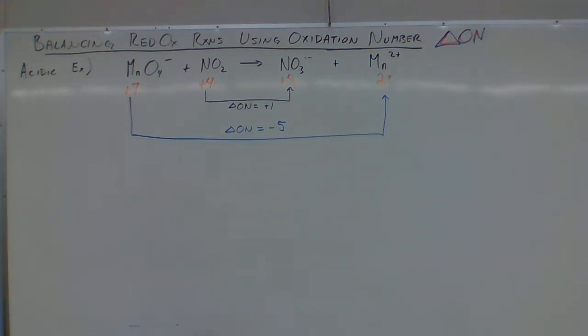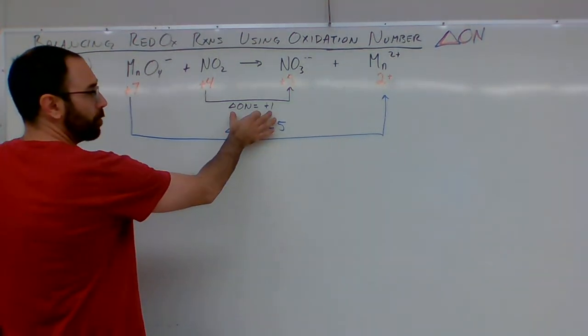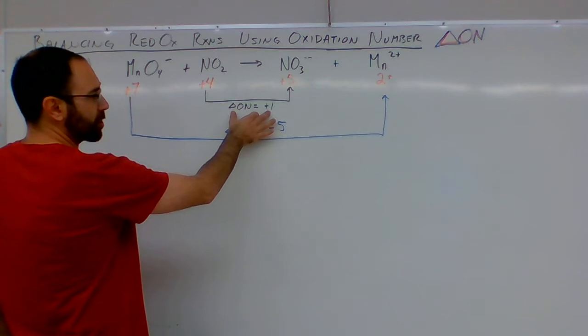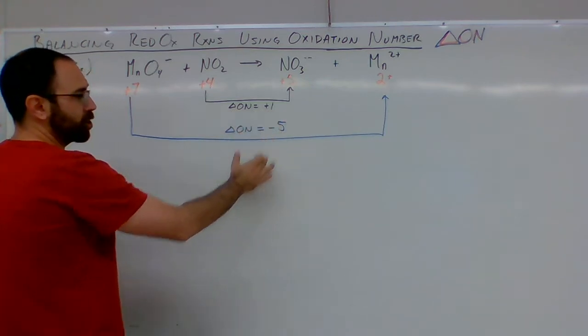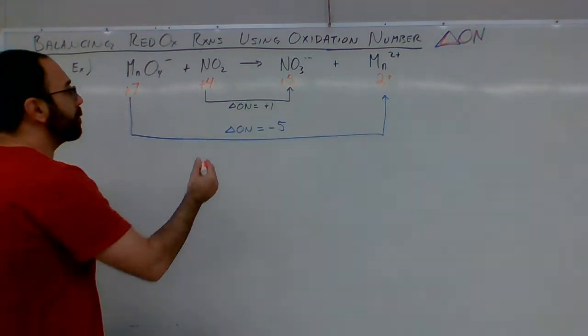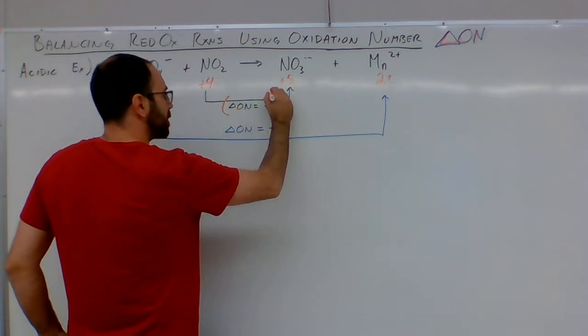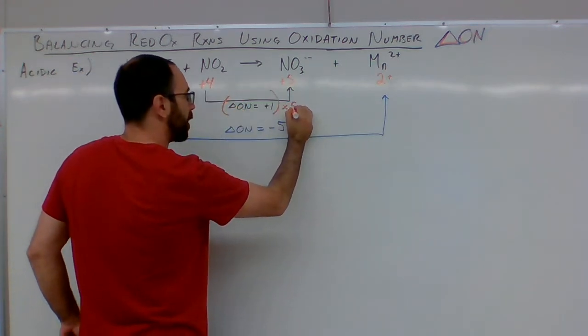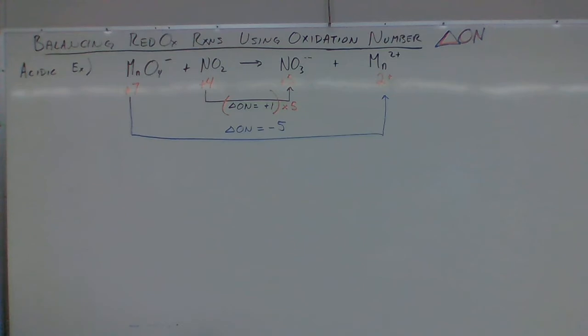Our oxidation numbers overall need to remain the same, because remember that change in oxidation number is just the transfer of electrons. And as we saw in those previous examples, we need to balance out that transfer of electrons. So looking at this delta ON of +1 compared to this change of -5, I have to multiply this whole thing by a value of 5.